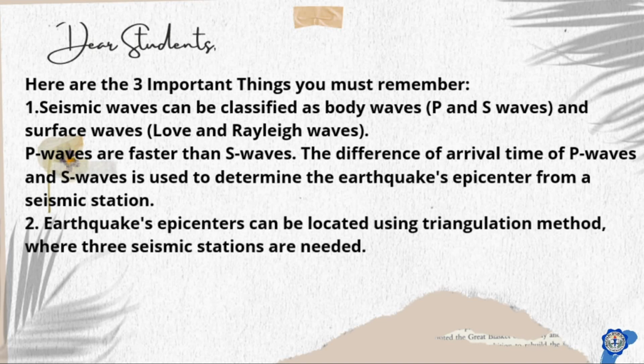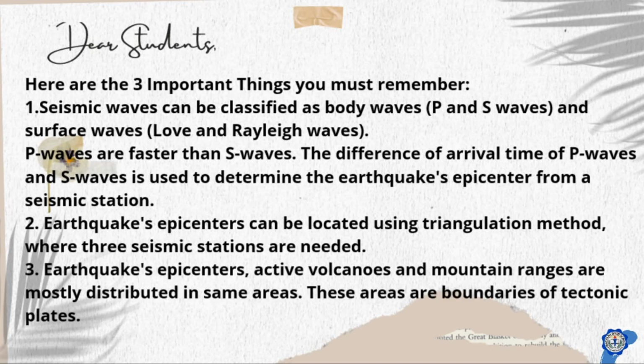Second, earthquake epicenters can be located using the triangulation method, where 3 seismic stations are needed. And third, earthquake epicenters, active volcanoes, and mountain ranges are mostly distributed in the same areas. These areas are boundaries of tectonic plates.